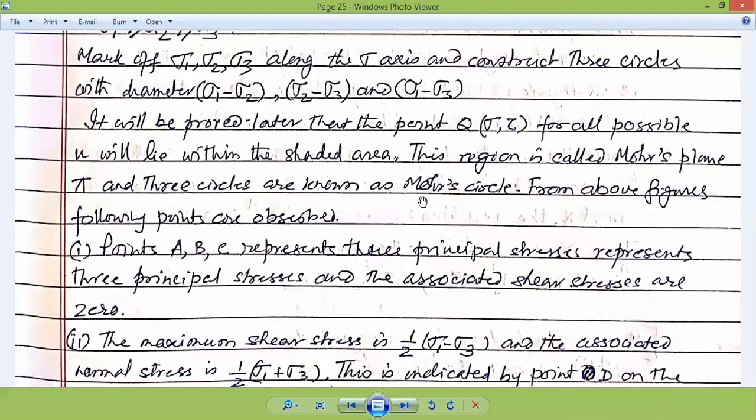So what we have is the sigma axis along the horizontal and tau along the vertical.